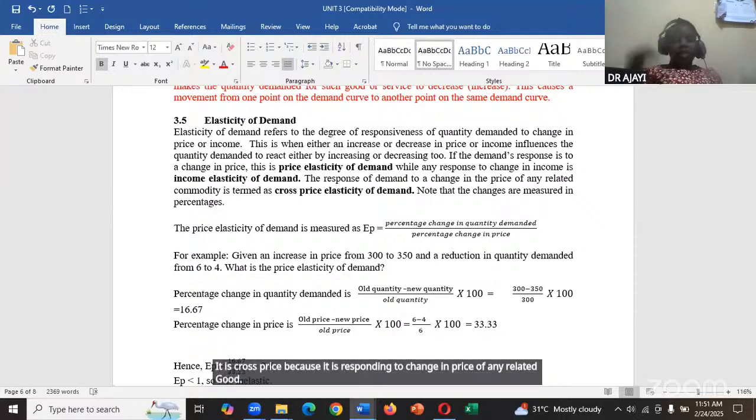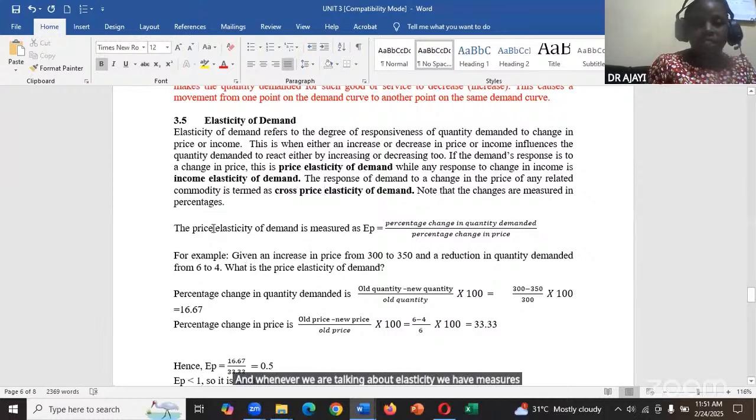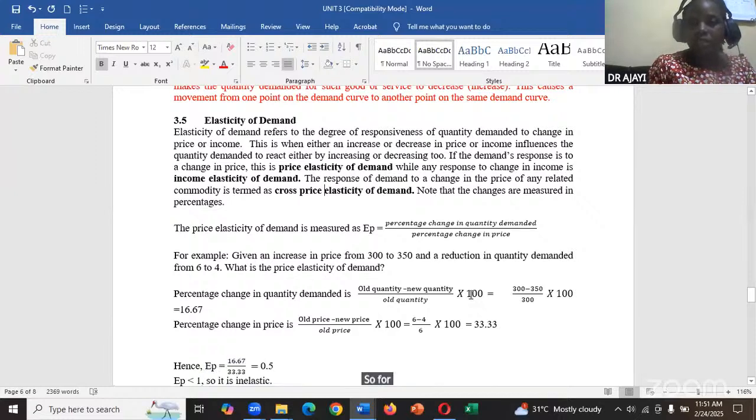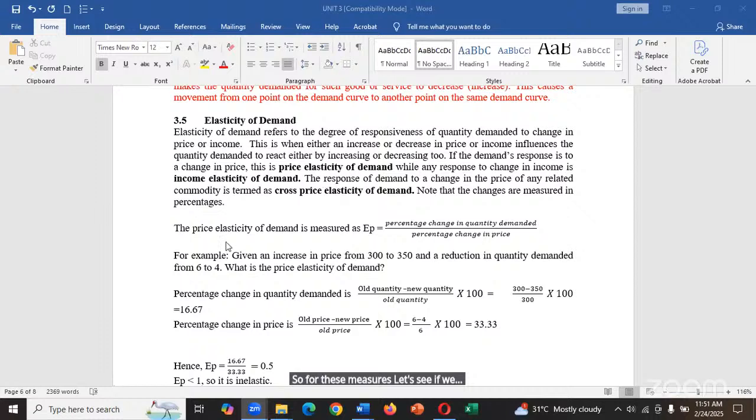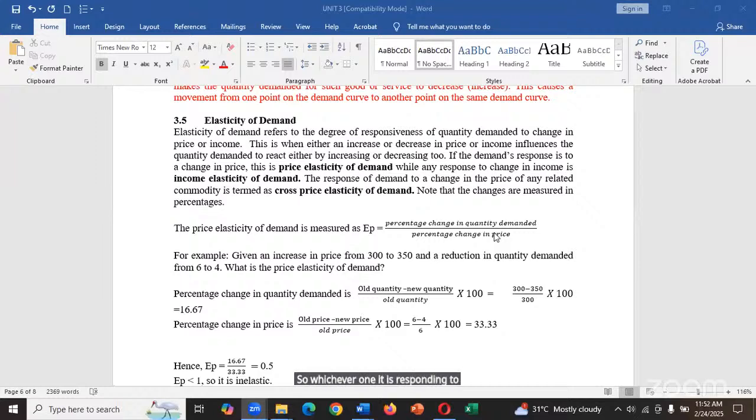And whenever we are talking about elasticity, we have measures of elasticity. The measure of price elasticity is the percentage change in quantity demanded divided by the percentage change in price. That is when demand is responding to change in price. Whichever one it is responding to has to be the denominator.